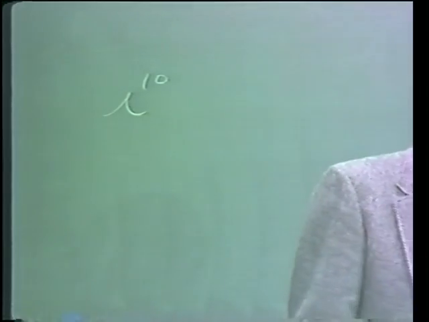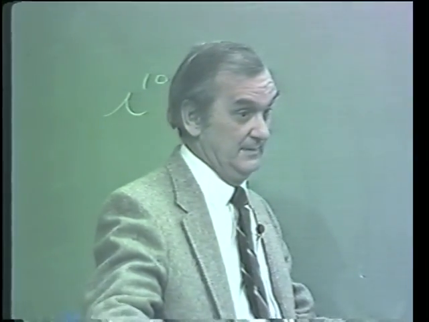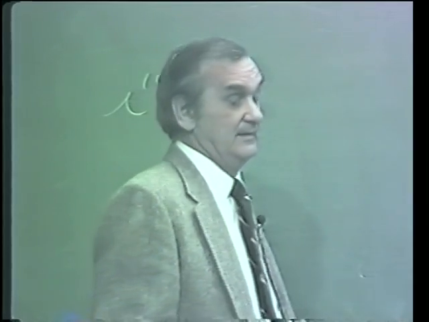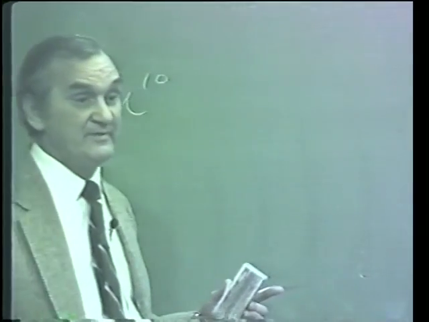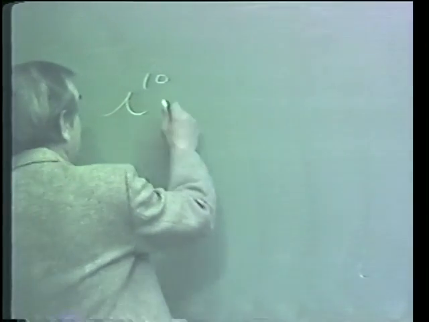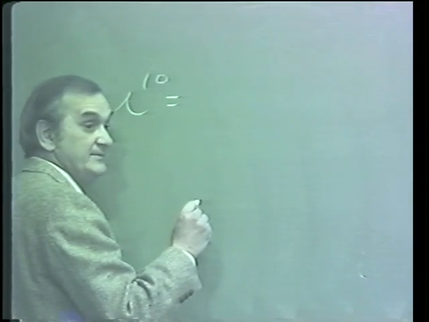Anytime you have an even exponent for i, you know it has to be 1, because you don't have any i's left over. You have all i squares. Whether it's positive 1 or negative 1 depends on how many i squares we have here. So i to the 10th, Tony, is how many i squares? 5.